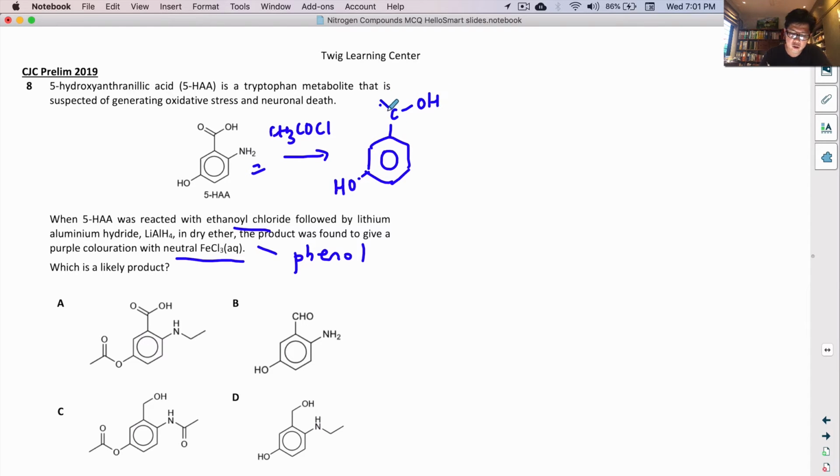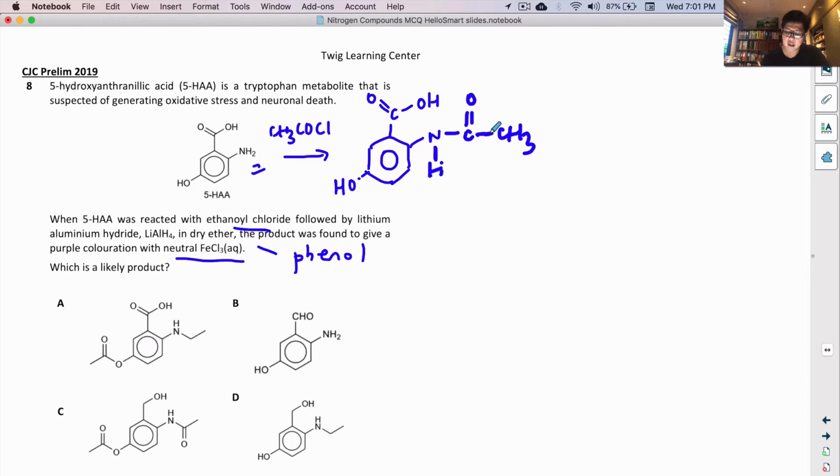Nothing happens to that. So acyl chloride will react with amine to form this amide here. Okay, so this is what you get. This amide, so C double bond O CH3.